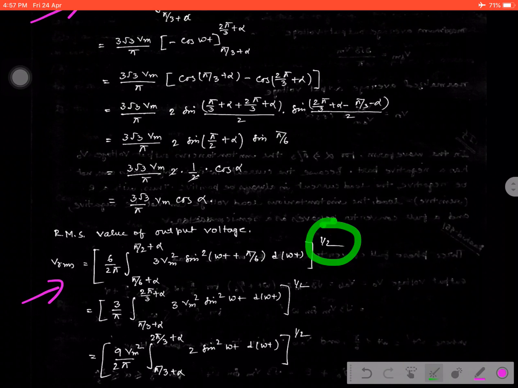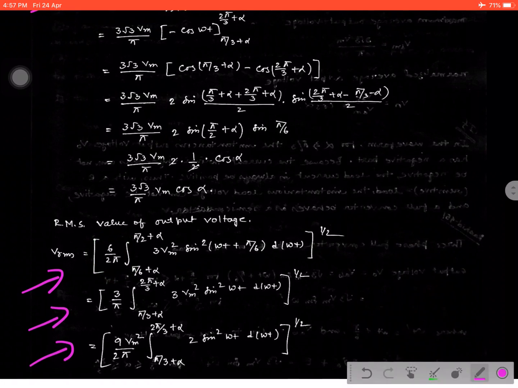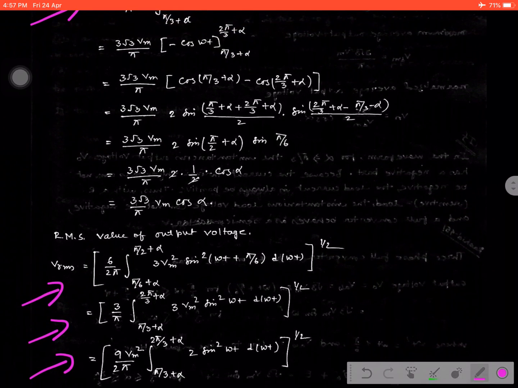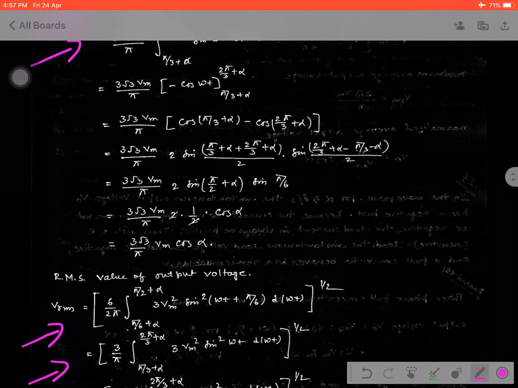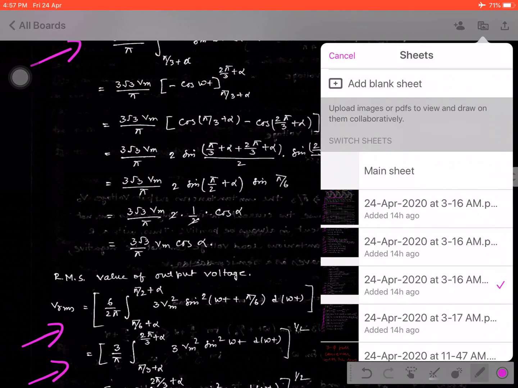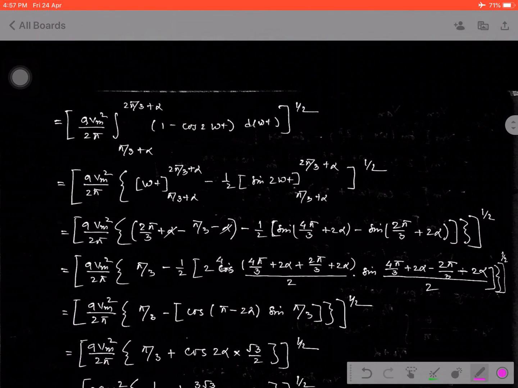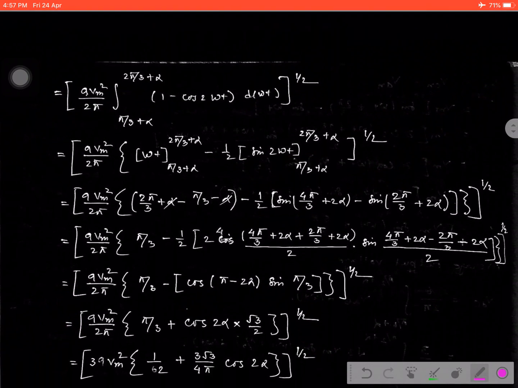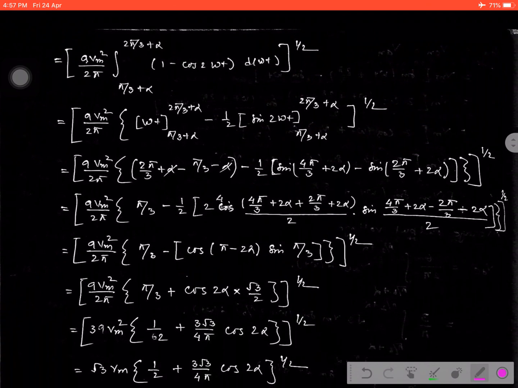and under root, and the remaining is the same, the number of peaks in a complete cycle 2 pi, 6 by 2 pi, and similarly you can do all the steps I have drawn and mentioned here. So for further simplification, we will get the result of the RMS value here.